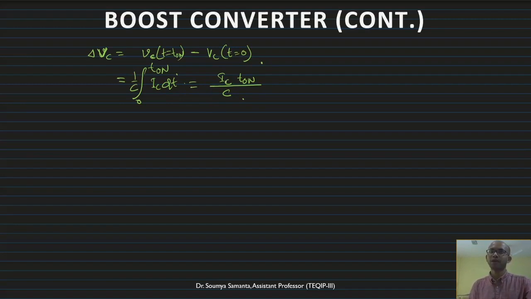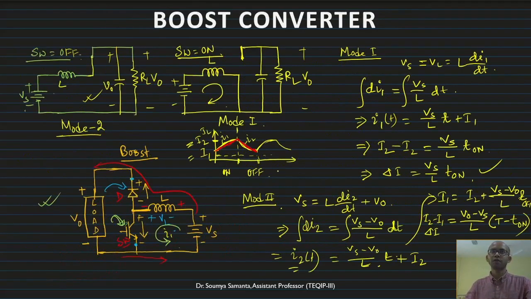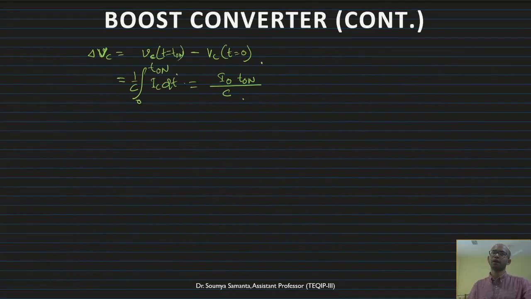This IC is the average value of the current through the capacitor. Whenever the switch is not connected, the current flowing is the load current. The load current is flowing through the capacitor, so let us consider that the average value of load current is I naught.